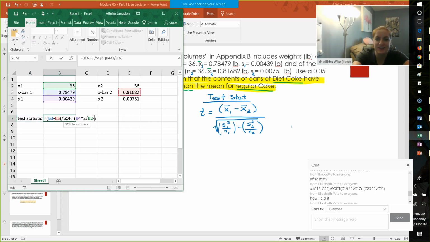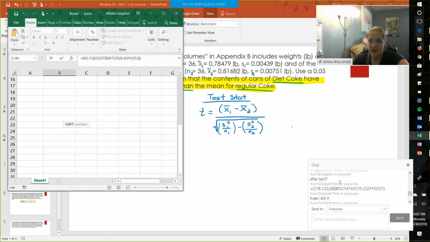Hold on, sorry guys. S2 squared divided by... I did this before. I don't know why it's yelling at me. Wonderful. So that's awesome sauce.